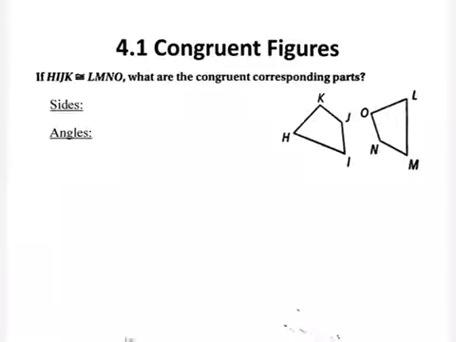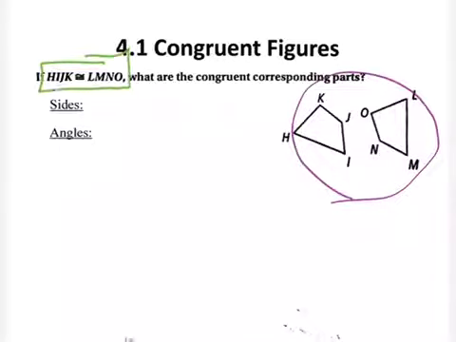If HIJK is congruent to LMNO, what are the congruent corresponding parts? So they gave us a diagram here, which is great. But because they gave me the congruent statement, I don't even need to look at the diagram. I can match those pieces up just off the name alone. So for sides, I know that HI is congruent to LM.